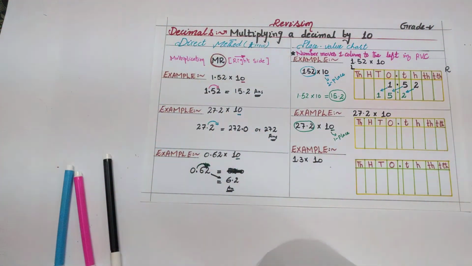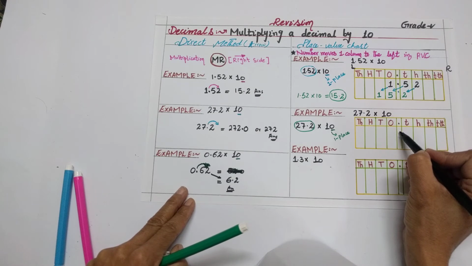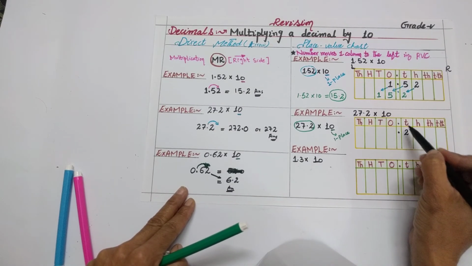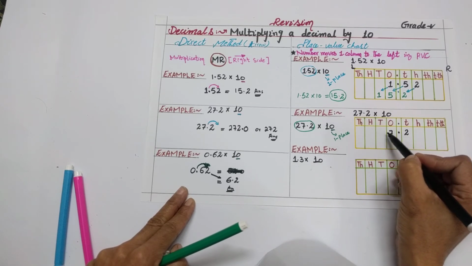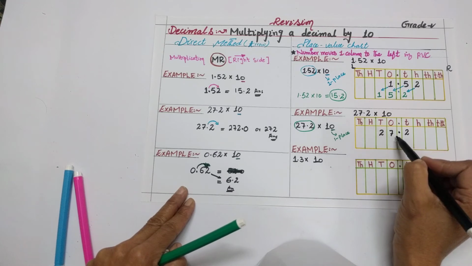So firstly we will put our given number in the place value chart, 27.2. First we will put the decimal. The right side digit is 2 and the left side digits are 7 and 2. So this one is our original number, 27.2.